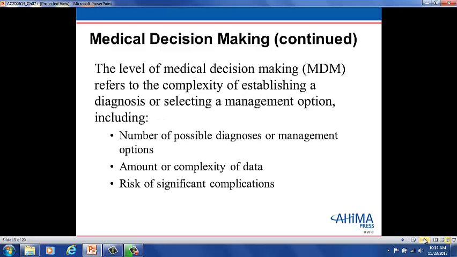The level of medical decision making refers to the complexity of establishing a diagnosis or selecting a management option. So this would include the number of possible diagnosis or management options, as we said, the amount of complex data, and the risk of significant complications.